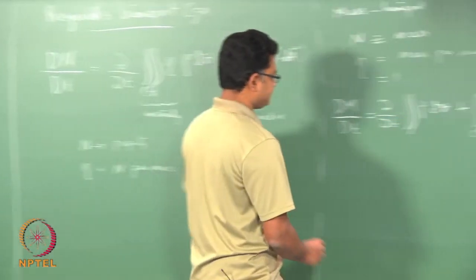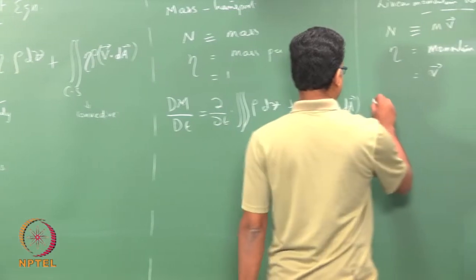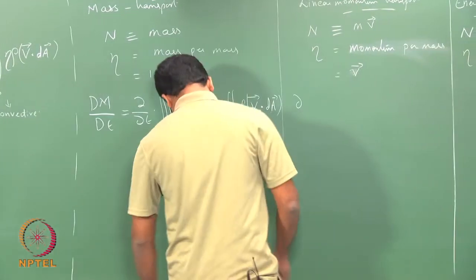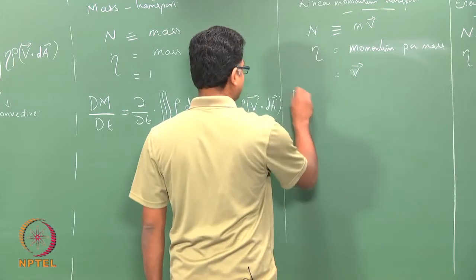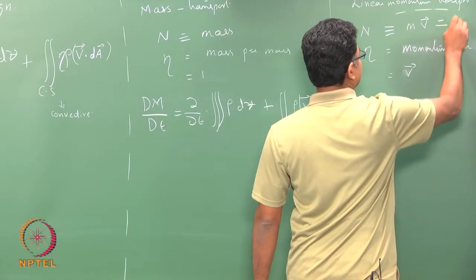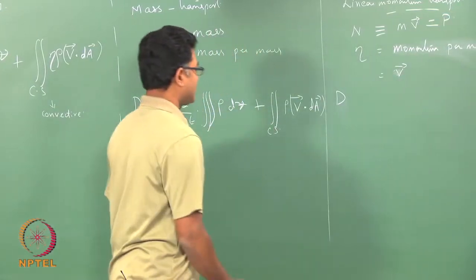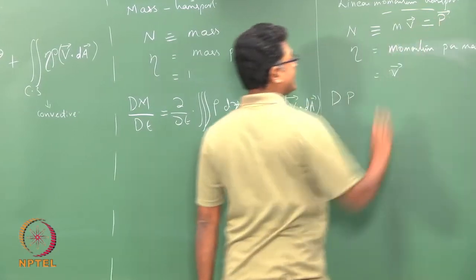So, if I substitute eta equals V here, the rate of change of momentum. So, let us call this P. P is a vector.